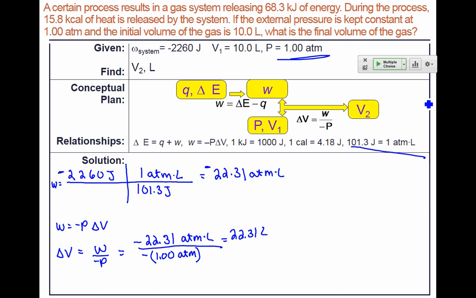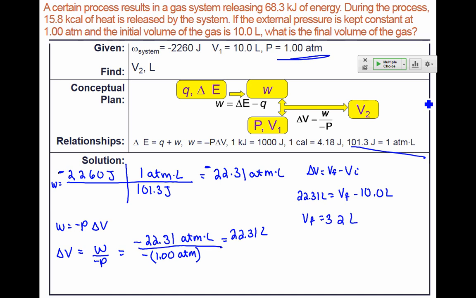So now that we have our change in volume, remember, our change in volume is equal to V final minus V initial. We know our V initial, we know our change in V, so now we could figure out our V final. So our V final is 32 liters.